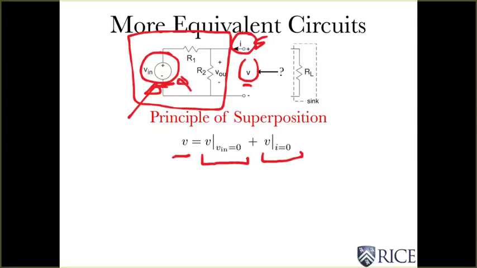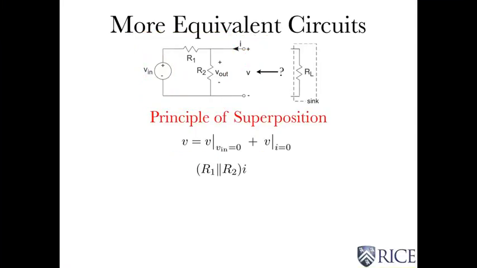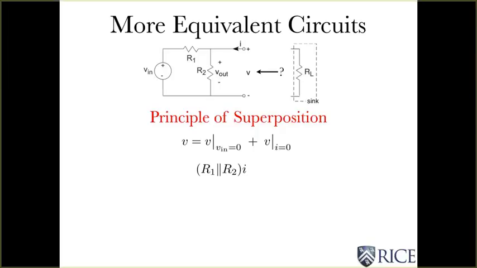Okay, so let's do the first one. When we set the voltage source to 0, that's the same as a short circuit. So remember, a voltage source supplies some voltage for any current. Well, if you set that source to 0, now the voltage is 0 for any current. That's the definition of an ideal wire or a short circuit.